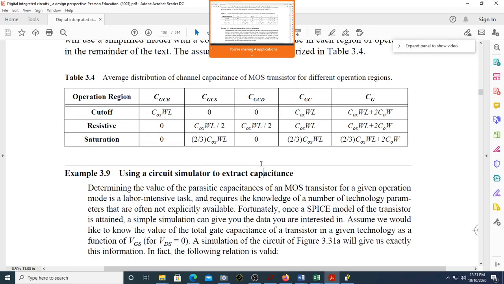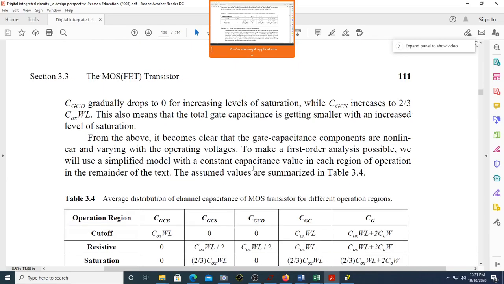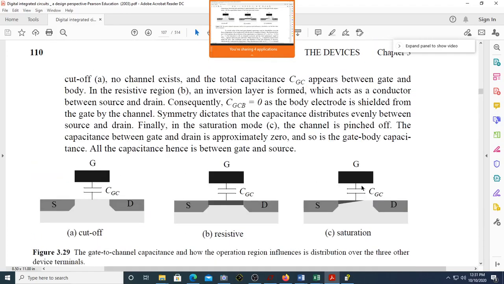Because there would be flow of current, flow of charges from drain to source. Okay, any other reason? Of course, electrons are certainly moving from source to drain, that is always there because the MOSFET is on. But here you can see it is equally divided between this and this. Especially in saturation, CGCD has become 0, whereas you have some larger value at the source.